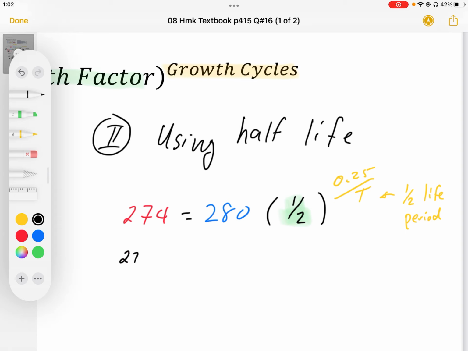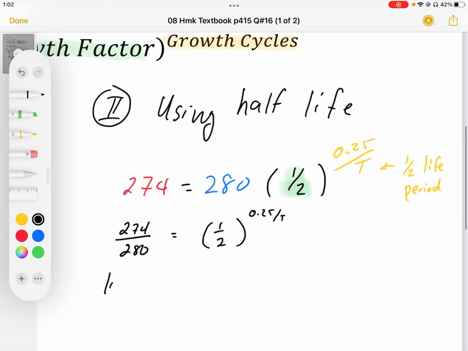So then solving this, I get 274 over 280, and that's equal to 1/2 to the power 0.25 over t. I'm going to log both sides, so I end up with log 274 over 280 equals 0.25 over t log 1/2.